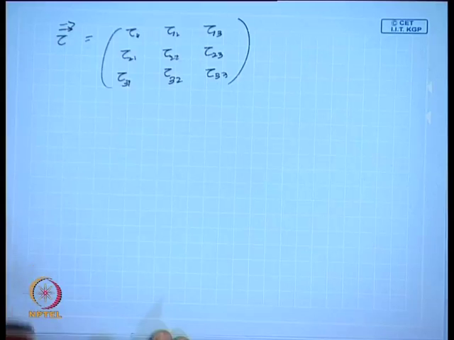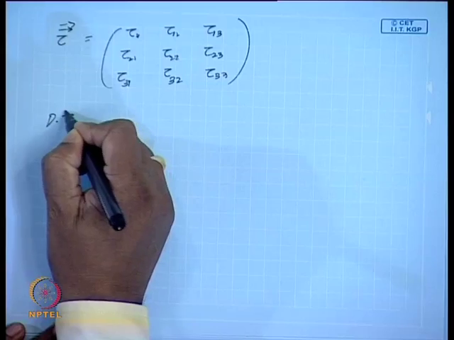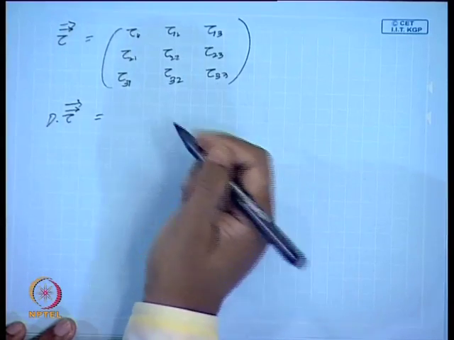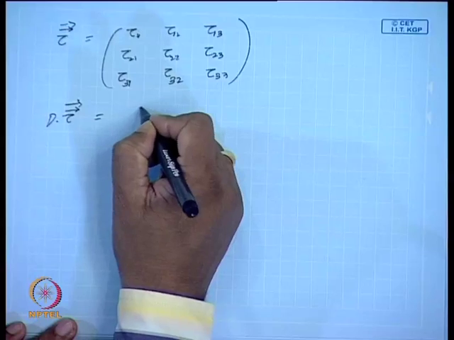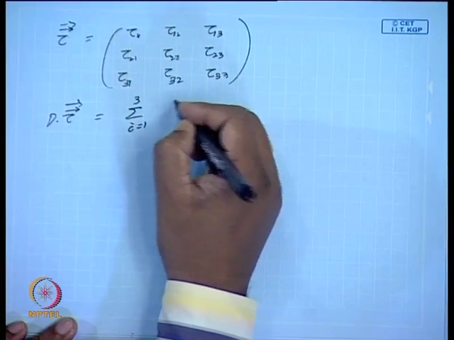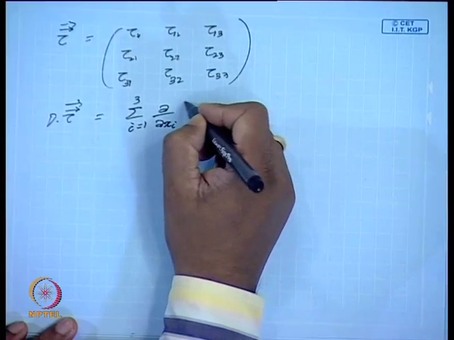So by doing so, what will happen if I simplify further? I will take the divergence of tau double bar. This you can write as a summation of i equal to 1 to 3 del by del x i tau i k.